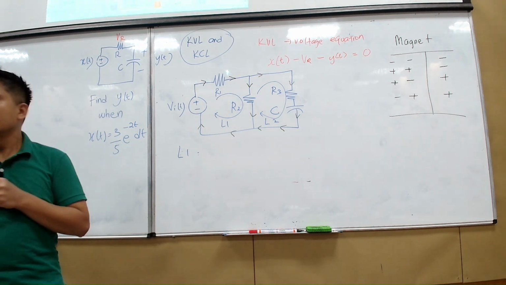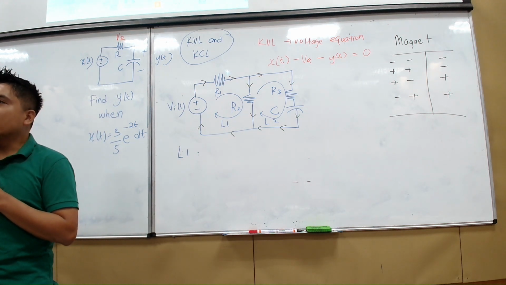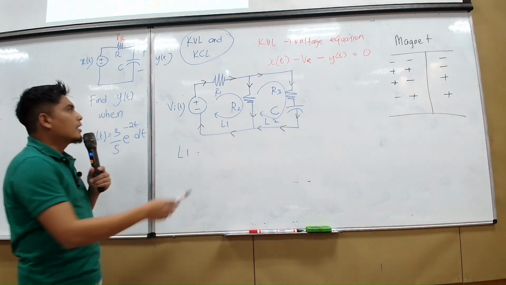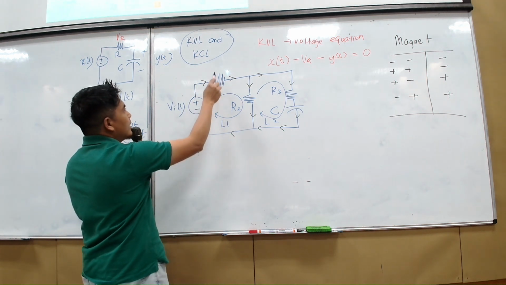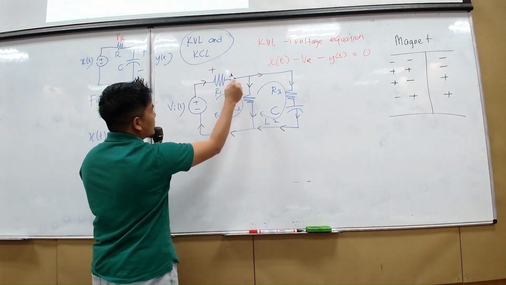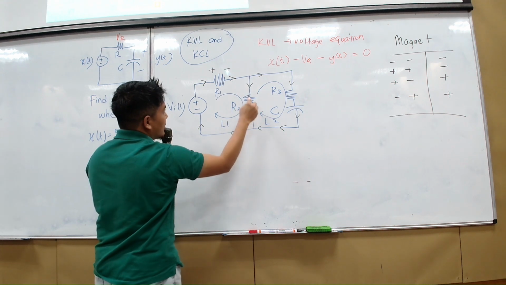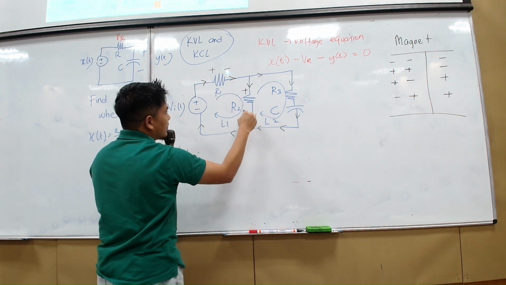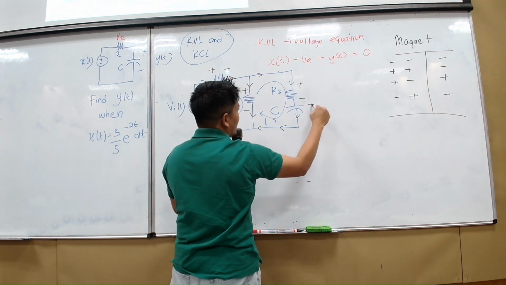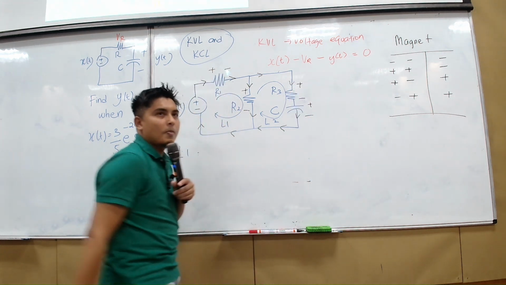Okay. Firstly, you need to draw the current flow, and then after that, going in will become positive, going out negative, going in, going out, going in, negative, positive, negative.